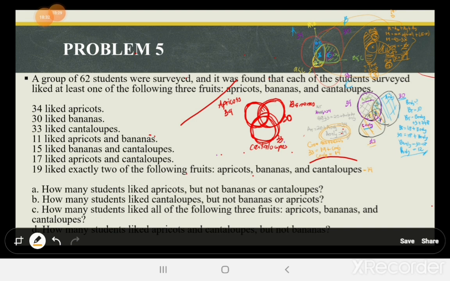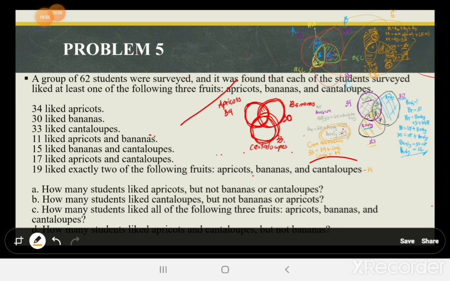How many students like cantaloupes but not bananas or apricots? So, take note: not bananas or apricots means you add all of those who like banana or apricots. That total is the people who like bananas or cantaloupes but do not like apricots. Okay? What we want is apricots only but not bananas or cantaloupes.